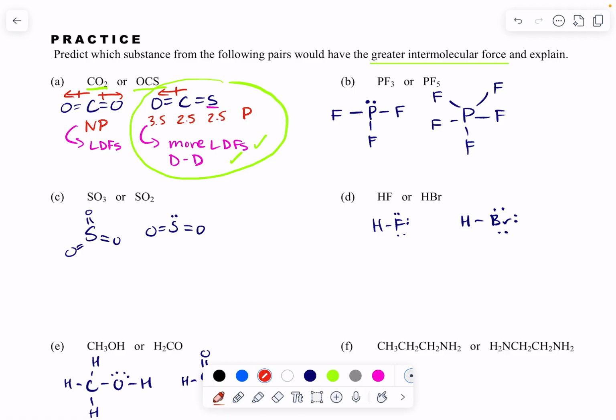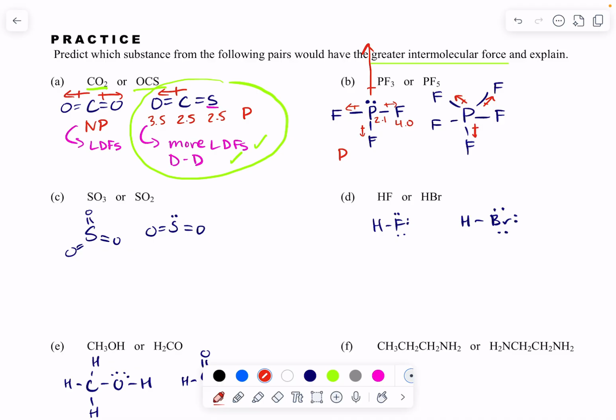When we get to this next one, fluorine is 4.0, phosphorus I believe is 2.1. We're going to get some dipoles here. And we're going to get a large dipole pointing up. I believe that this makes this one polar. On PF5, we get some dipoles like this.